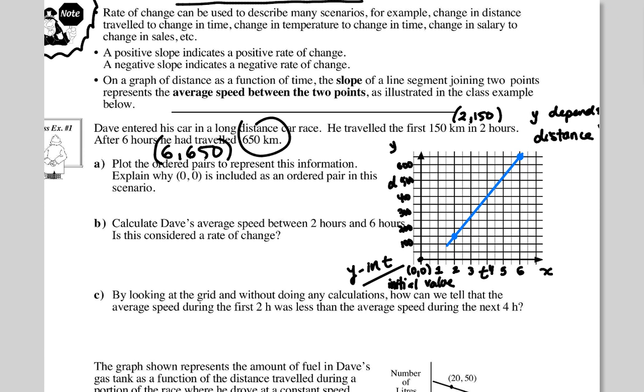What's interesting is that it didn't go through 0, 0. Oh, wow. I teach physics and they say you don't have to force 0, 0. So I'm not sure what they're trying to do there. Unless I screwed up. 150 goes with 2, and 6 goes with 650. Did I screw up? I think I did okay.